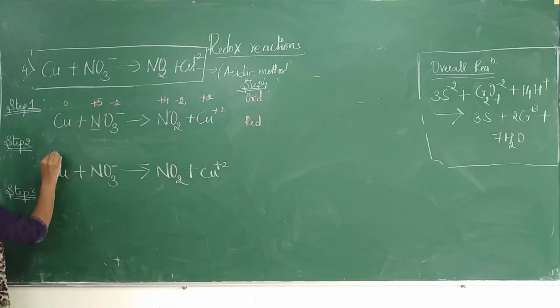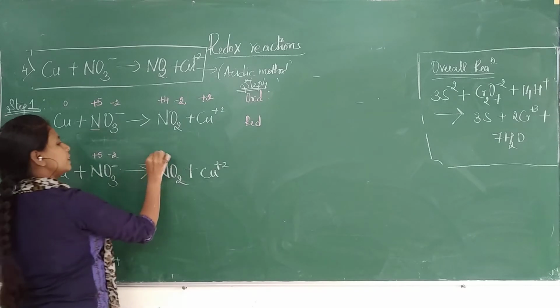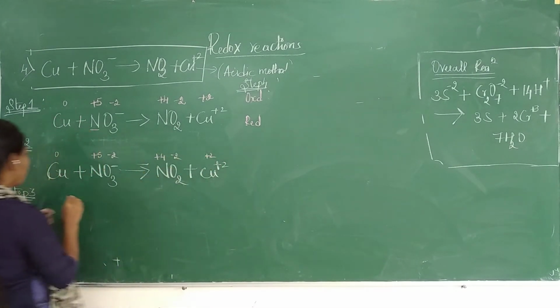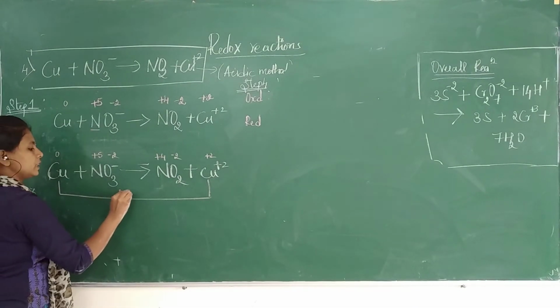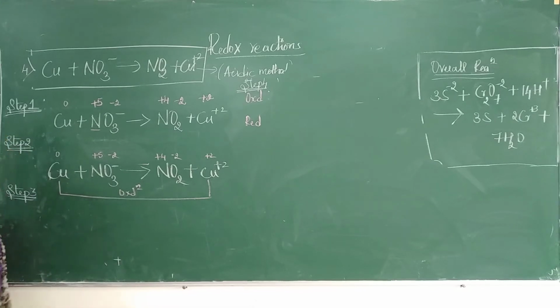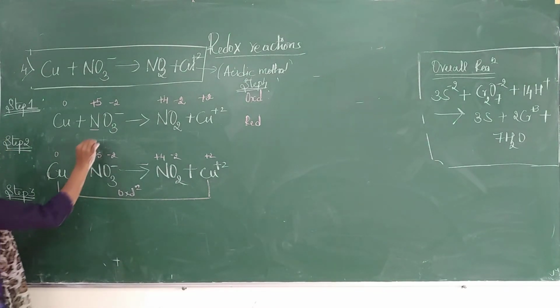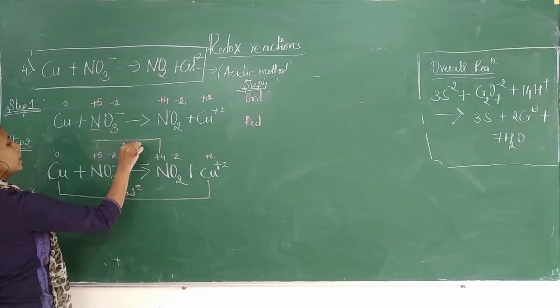Where is the oxidation and reduction? In which atom, nitrogen or copper? Copper is oxidation, 0 to plus 2, an increase in oxidation number. Nitrogen? Reduction, plus 5 to plus 4, a decrease in oxidation number. So it is reduction.